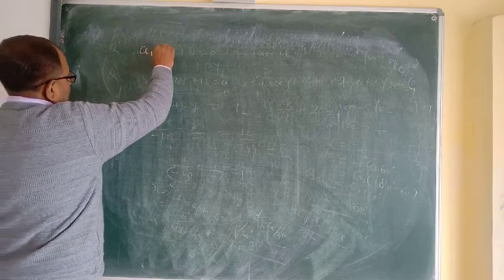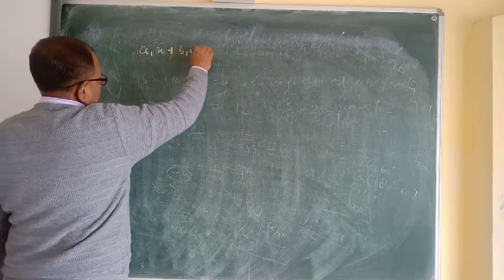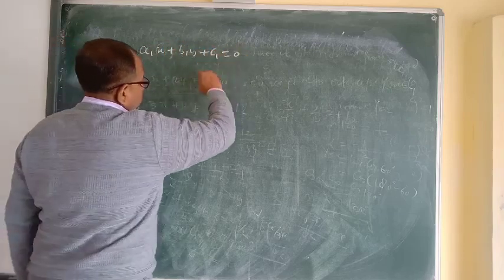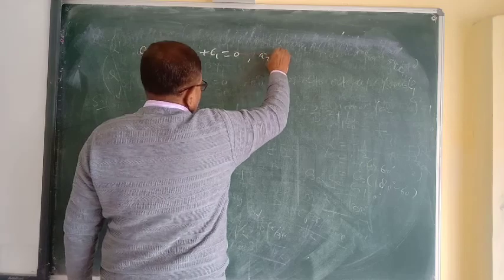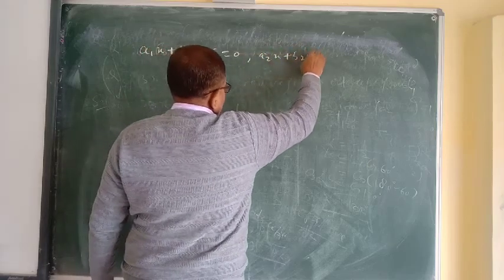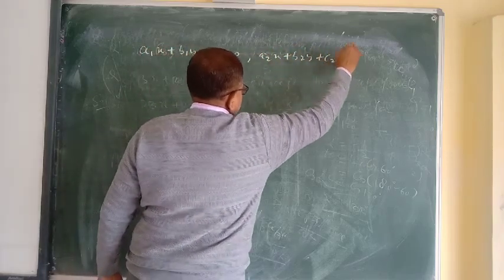Suppose there are two lines a1x plus b1y plus c1 is equal to 0 and a2x plus b2y plus c2 is equal to 0.